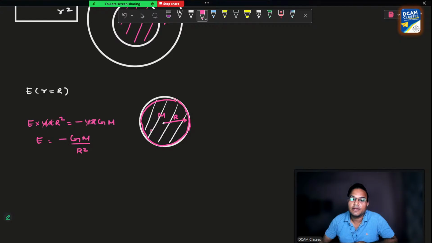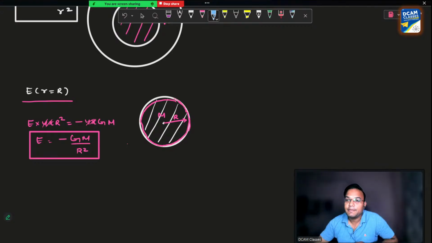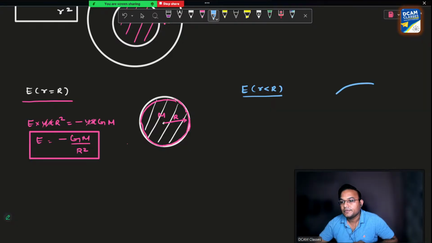These are actually easy formulas that our institute has given. Yes. That typical thing will arise here when r is less than capital R. In this situation, this is your earth.